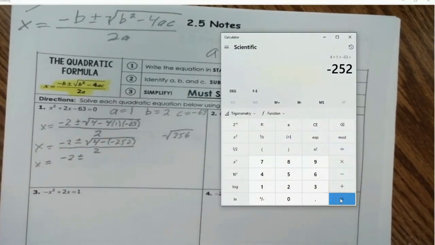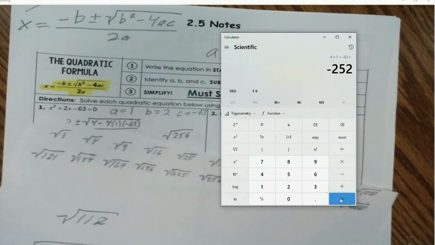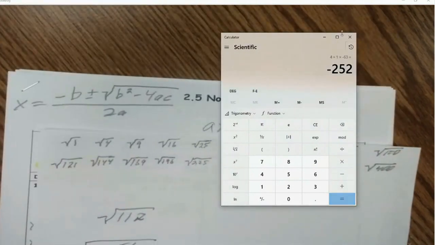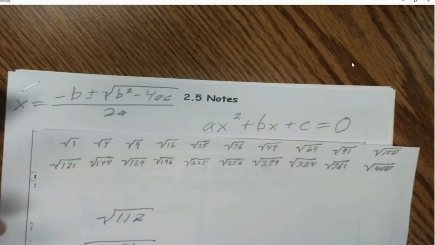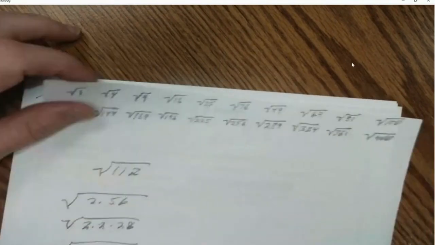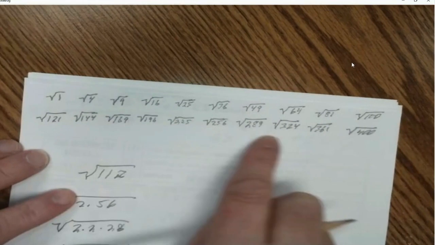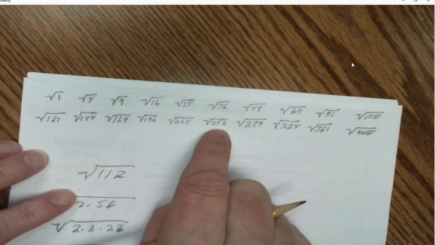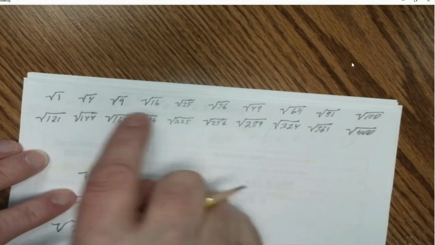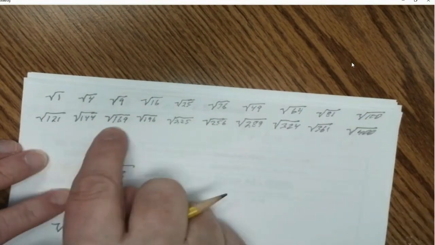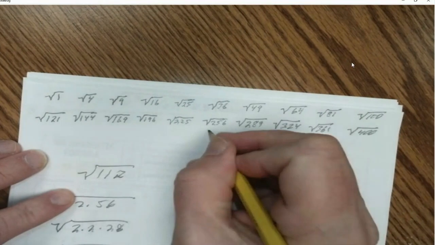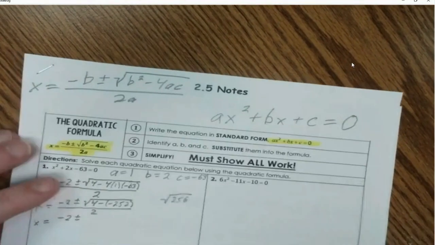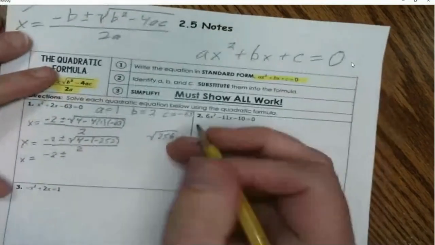Well, if we remember last week, we had written down the first 16 perfect squares. 256 is a perfect square. This was the first 10. This was 11, 12, 13, 14, 15, 16. This equals 16. The square root of 256 is 16. So this equals 16.